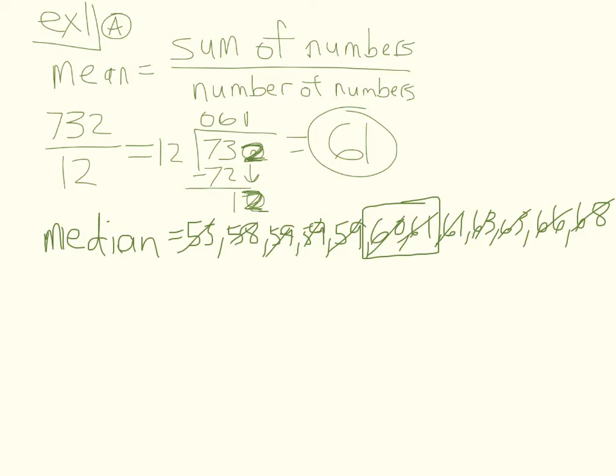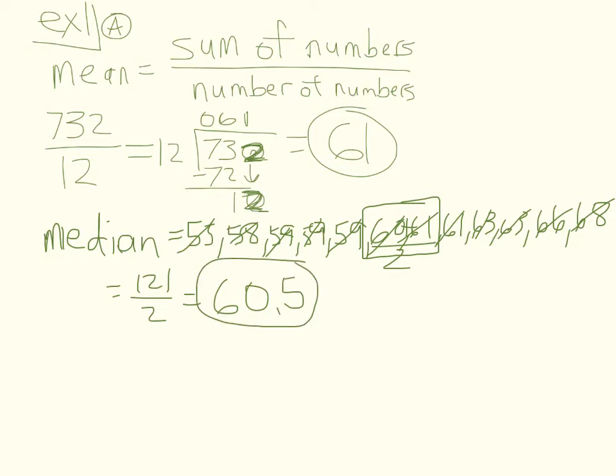Whenever you cross off 2 in the middle, you add them together and divide by 2. So if you add those together, you get 121 divided by 2 is 60.5. And if you notice, that number is right in the middle of 60 and 61. 60.5 is the halfway point between those two numbers, and that's basically all you're trying to do.